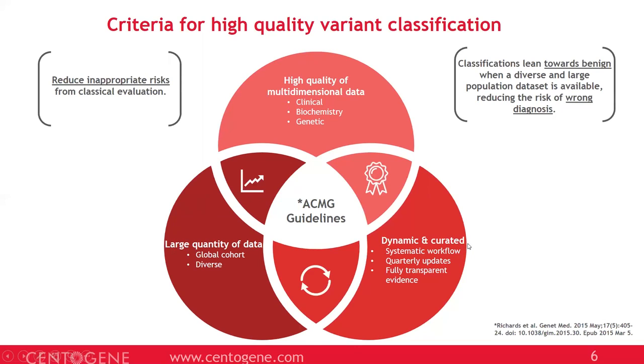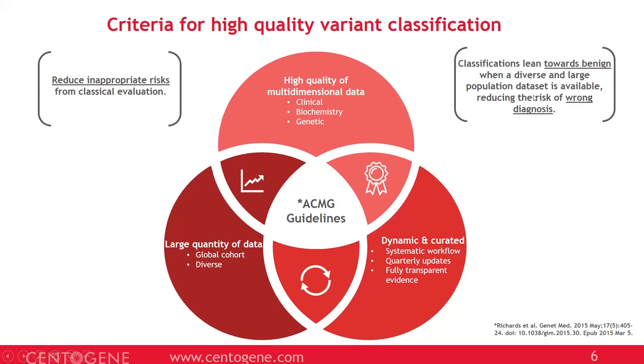All evidence is then subjected to an independent curation, following systematic and standardized workflows, updated quarterly, and provides fully transparent evidence. Thus, we reduce the risk of misclassifying the variants.